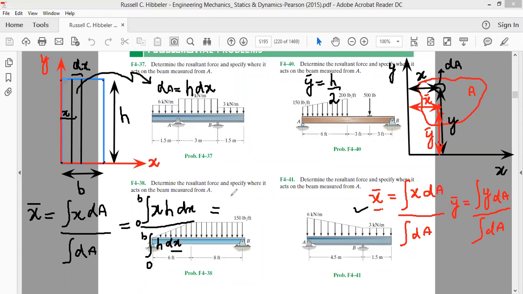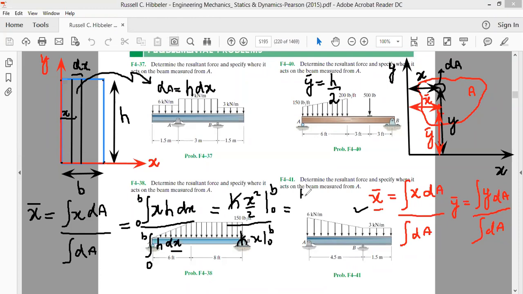So x varies from 0 to b, which is equal to, h will come out. Integral x dx is x square by 2, with limits from 0 to b, divided by integral h dx; h comes out, and integral dx is x going from 0 to b. This h and h will cancel.